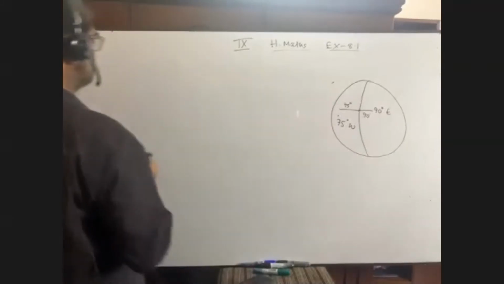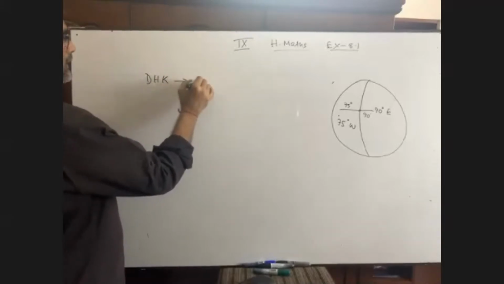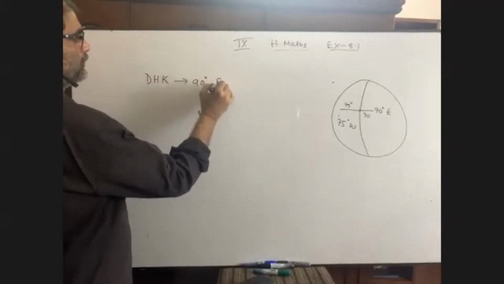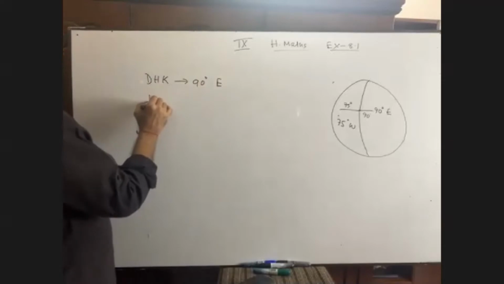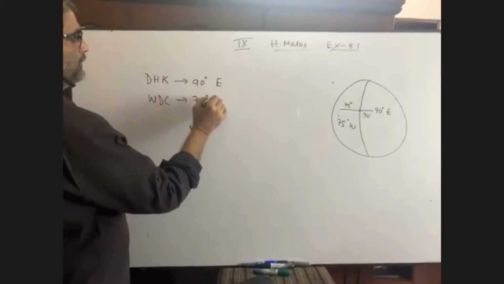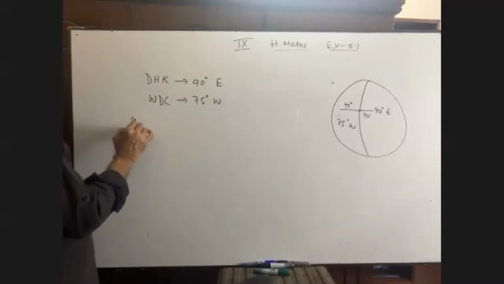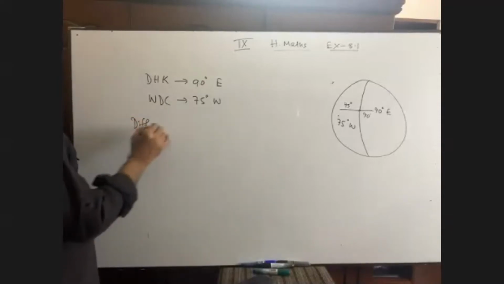I am going to write down in details. Dhaka, 90 degree east. Washington DC, 75 degree west. Sir, 165. You're absolutely right. What is the longitudinal difference?